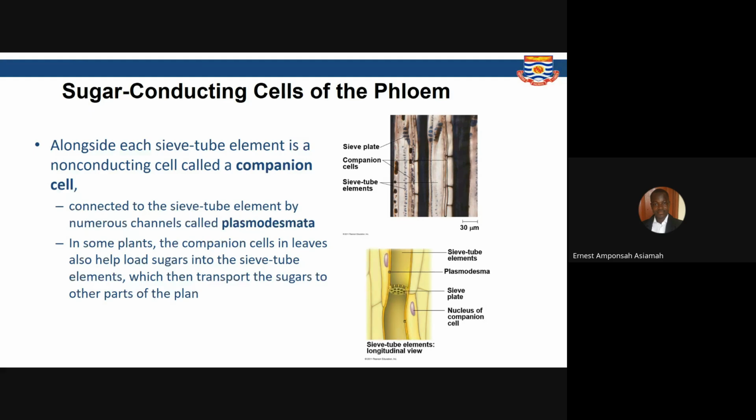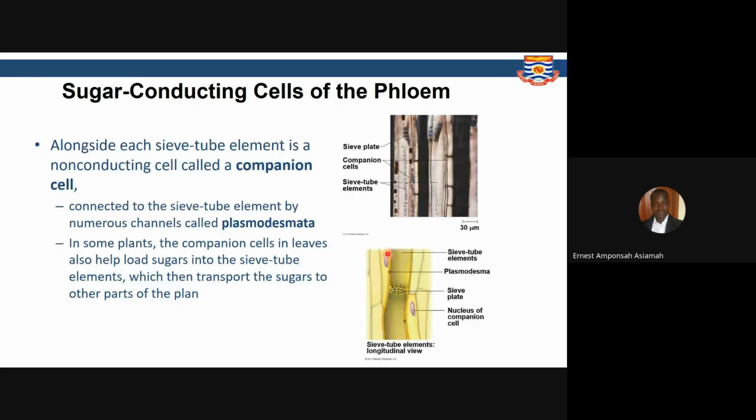Sieve tubes also are accompanied by another cell, a non-conducting cell called the companion cell. So we have companion cells occurring alongside the sieve tubes, and they are connected to the sieve tube elements by channels called plasmodesmata.